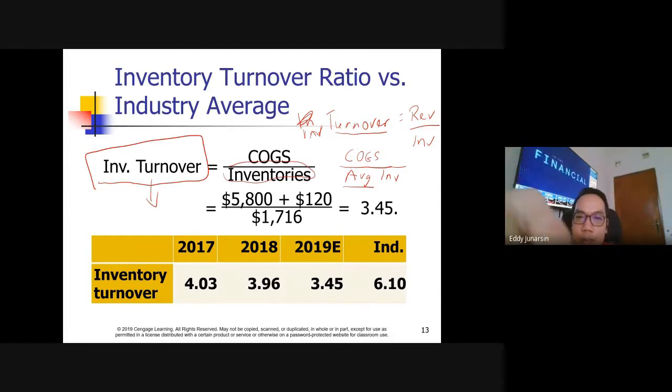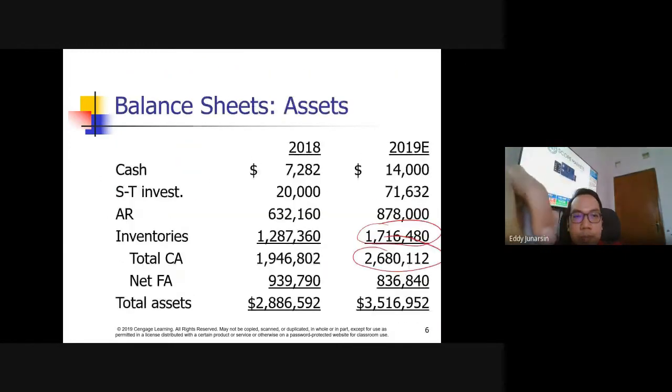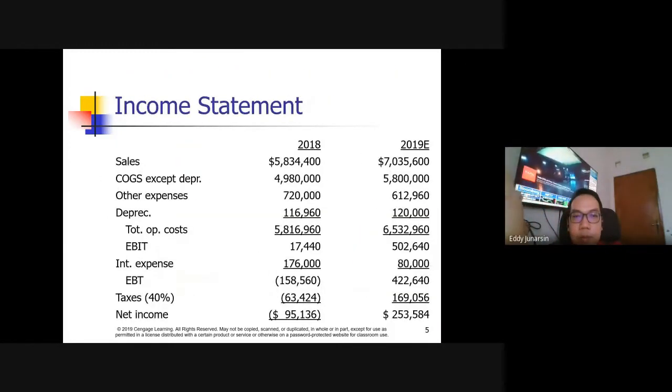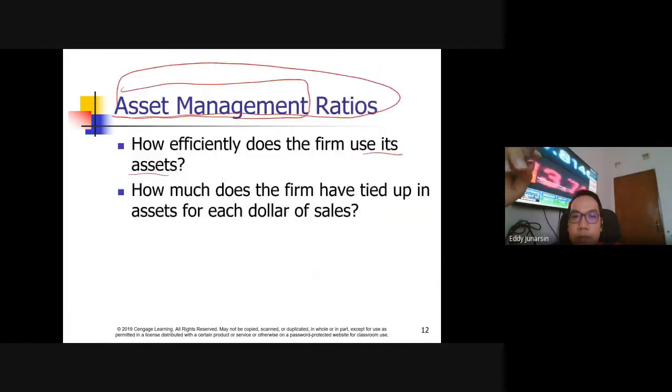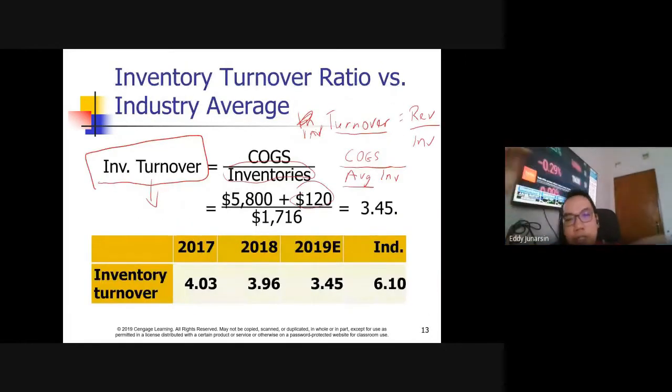But here, see here, the cost of goods sold, what is the cost of goods sold? Yeah, so cost of goods sold, this one plus depreciation expense. So today we are not talking about the accounting principles or accounting standards, but you know that cost of goods sold consists of the direct expenses, right?